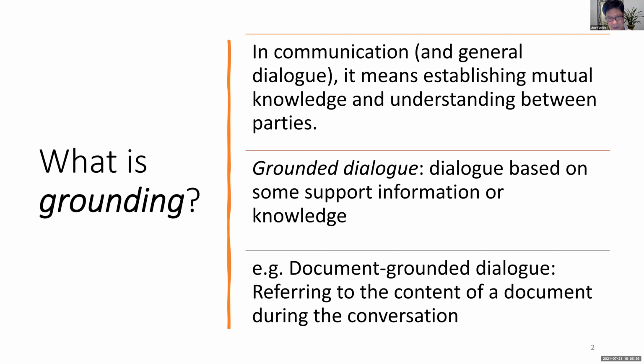So for example, we can talk about document grounded dialogue. In that case, we may refer to some information that we can find in the document in our discussion. And this is just one way to pick some additional information from the document and to integrate it in our conversation. So this is about the concept of grounding of my talk.